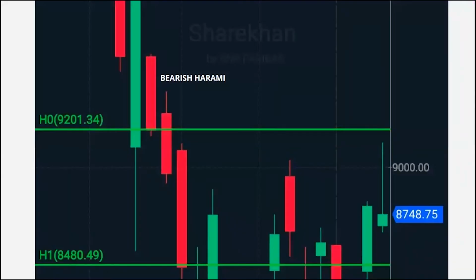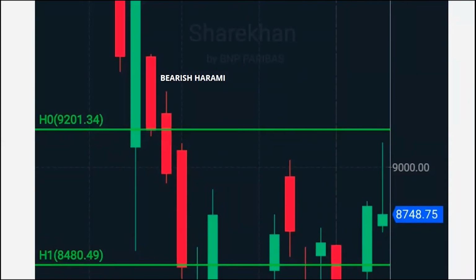In this chart, there is a long green candle followed by a bearish harami, which is followed by another two bearish candles. I have also mentioned the price levels in this chart, where you can observe that the closing price of the bearish harami is 9,201 and the closing price of the third candle is 8,480.